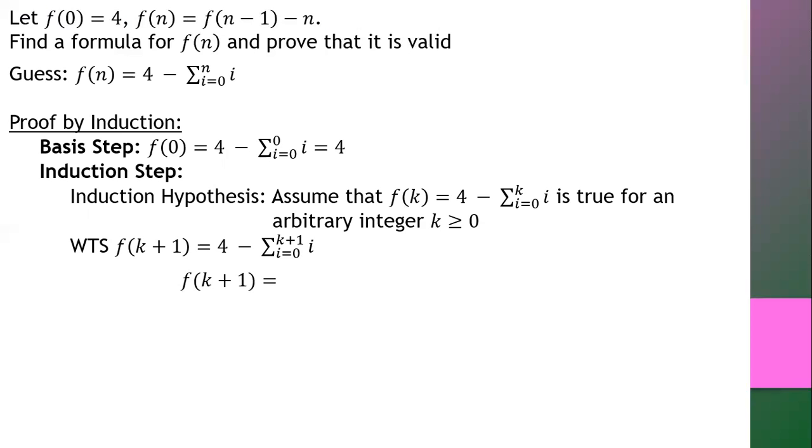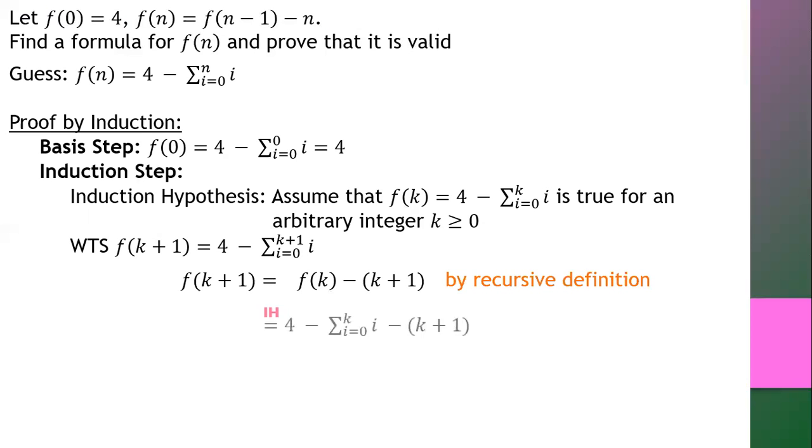So we're starting with what is f of k plus 1. Again, we can't assume the formula is true. We're trying to show the formula is true. So we're going to have to start again with the recursive definition. We know the recursive definition is true, so we can always state that f of k plus 1 should be equal to f of k minus (k plus 1).